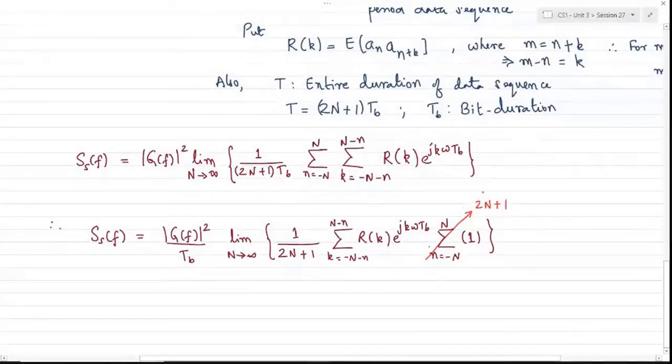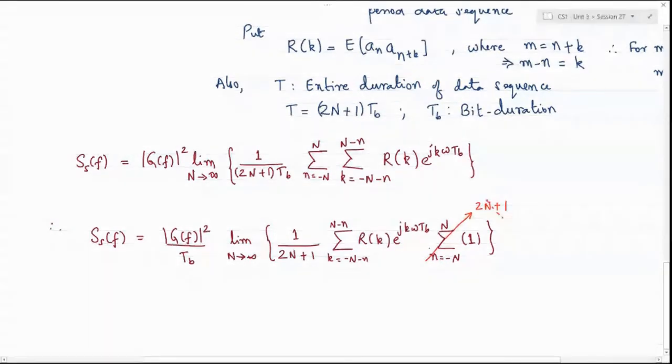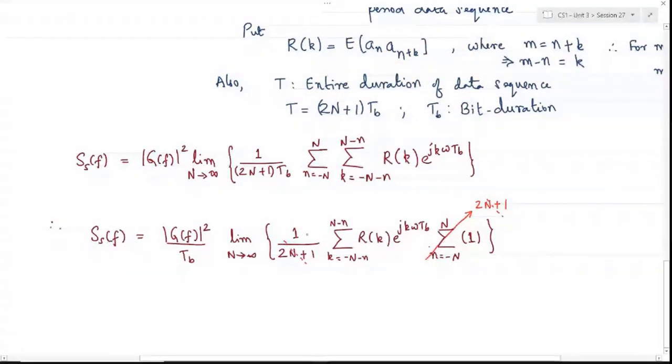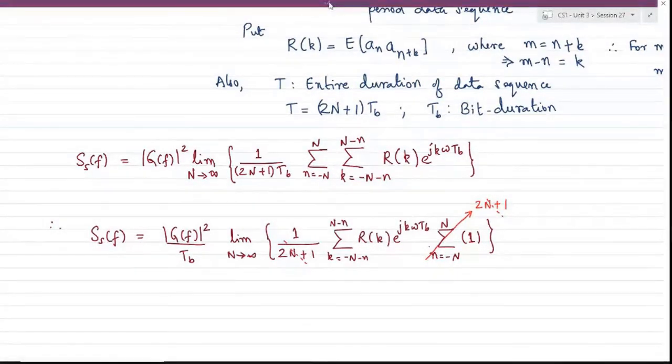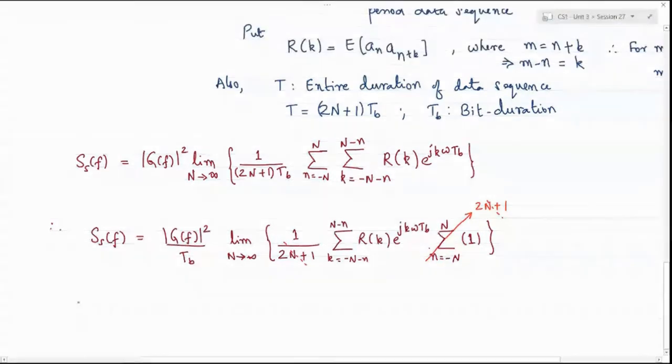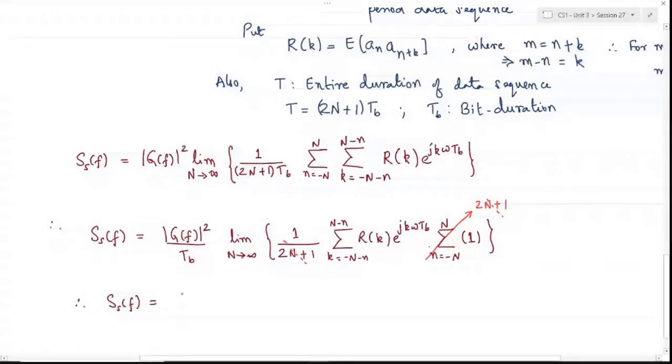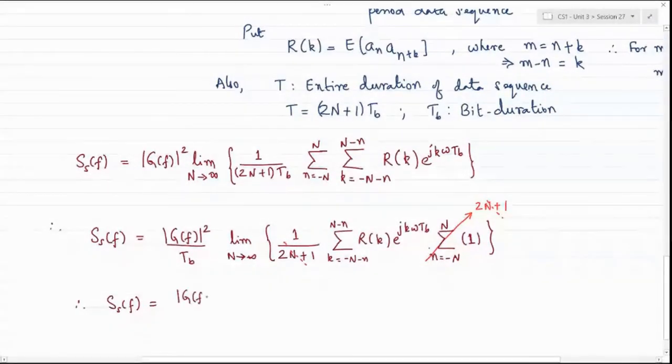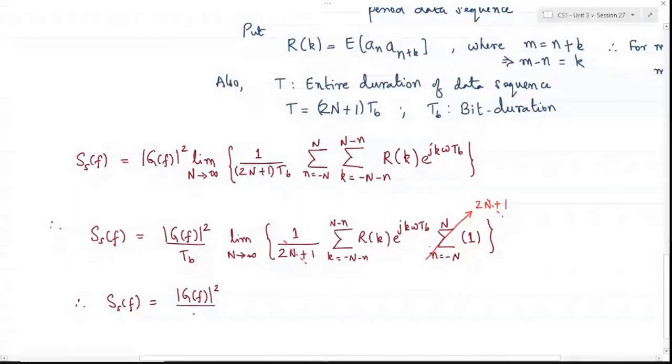So this 2N plus 1 cancels with the other 2N plus 1, and the power spectral density is simplified further as G of f the whole square over T_B.